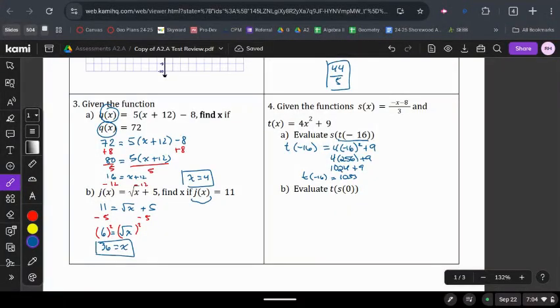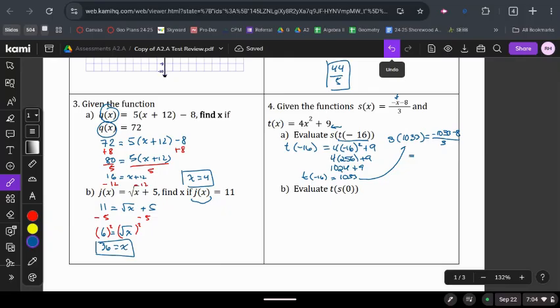Now that I know what t of negative 16 is, I can find s of that value. So we're working from the inside out. So s of 1033 is substituting it now into this equation. So that's going to be negative 1033 minus 8 all over 3.